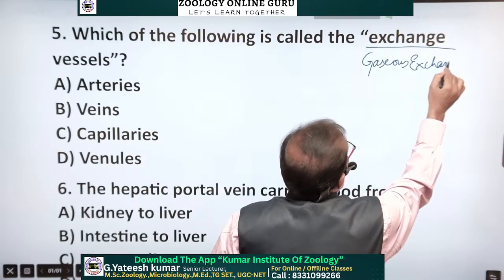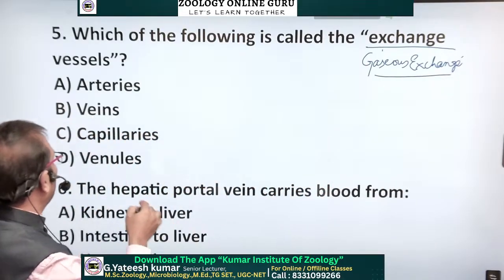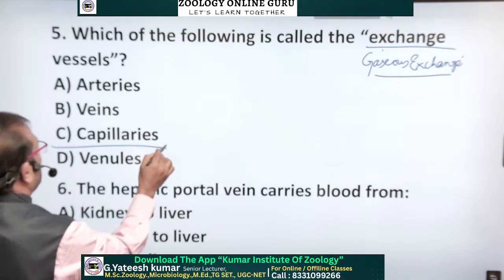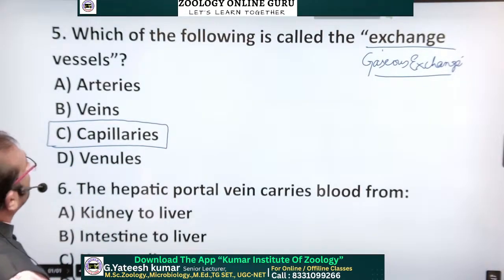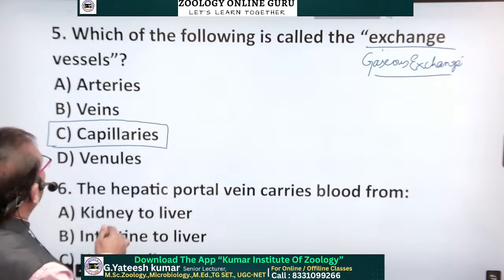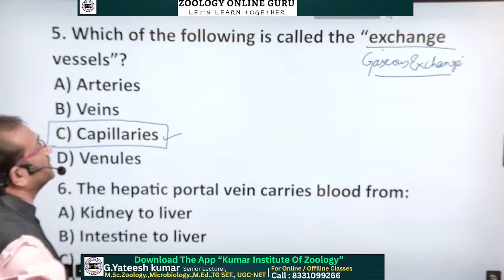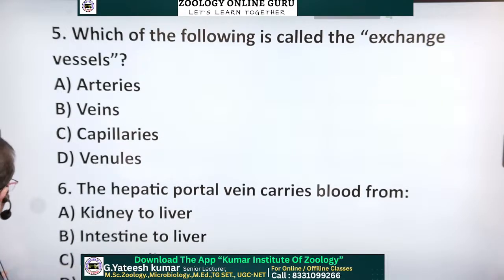Gaseous exchange takes place at the capillary level. Alveoli are with blood capillaries, where the exchange of gases takes place. So the answer is capillaries. At capillaries exchange takes place, so they are called exchange vessels.